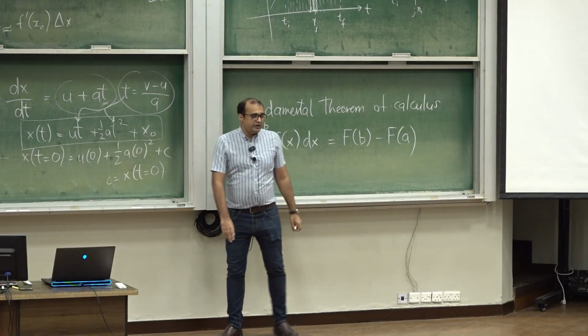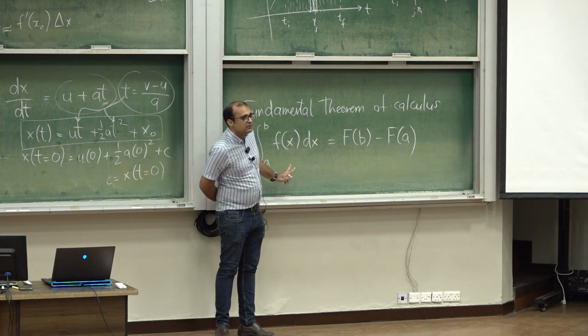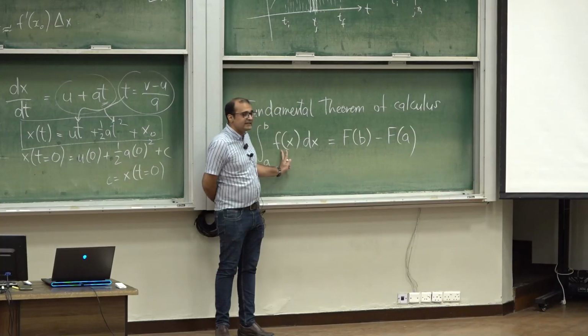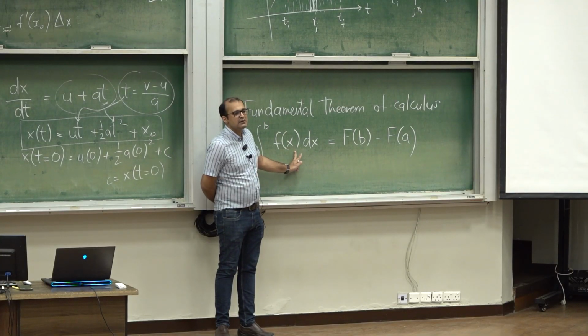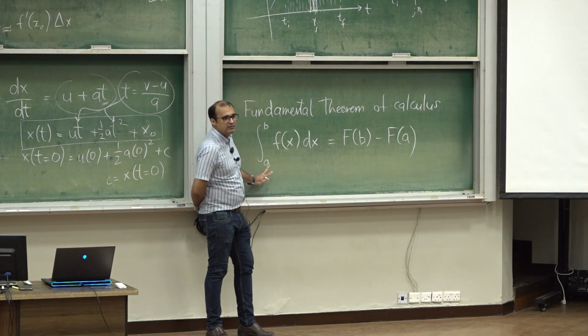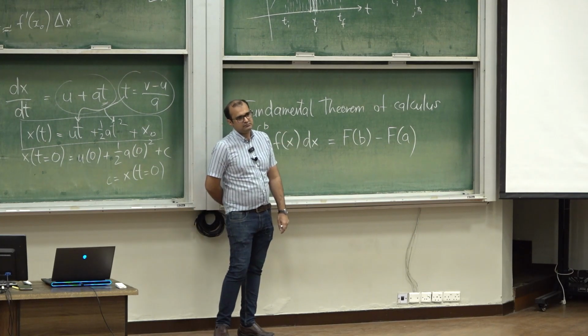So if you're going to do this sum, find out first of all an antiderivative of f, calculate the antiderivative at a, calculate it at b, take the difference.